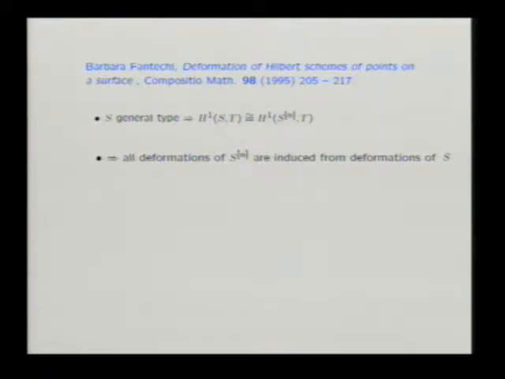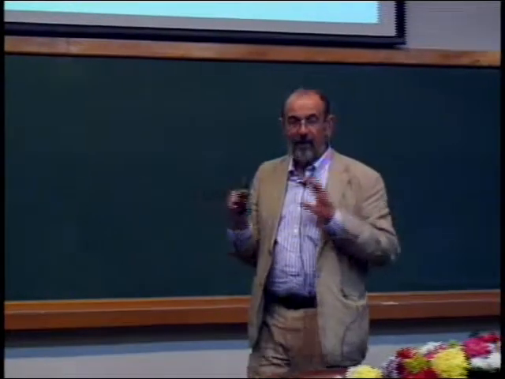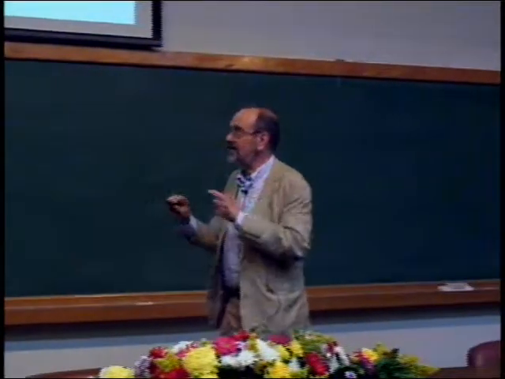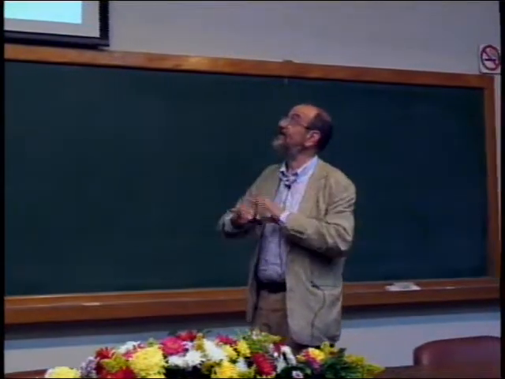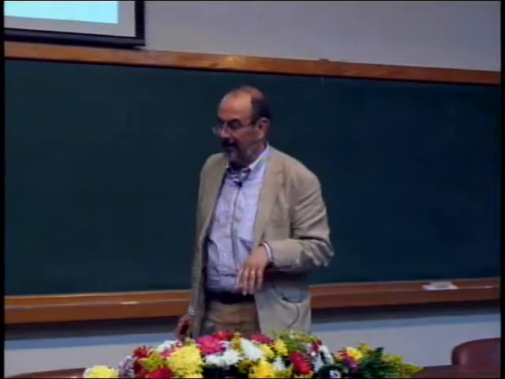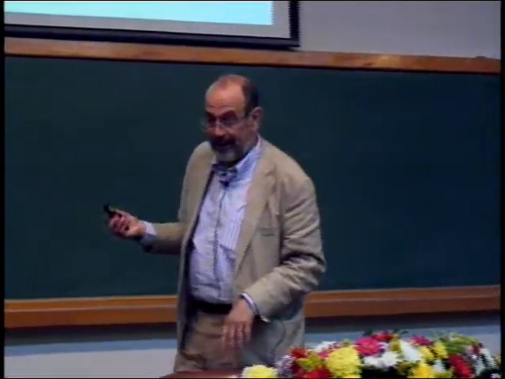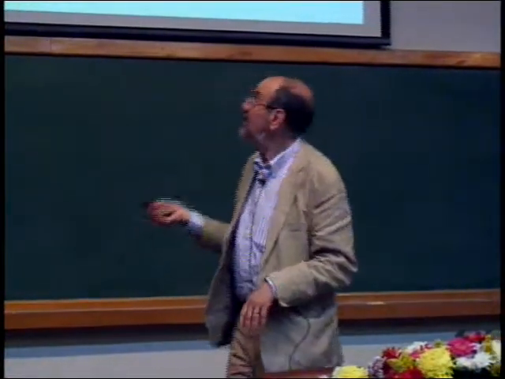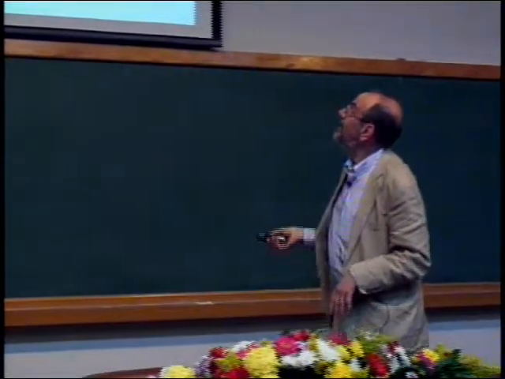But if you want to think explicitly, if you want to think of a surface in projective 3-space given by the vanishing of a single homogeneous polynomial, then if that polynomial has degree bigger than 4, then it's a surface of general type.